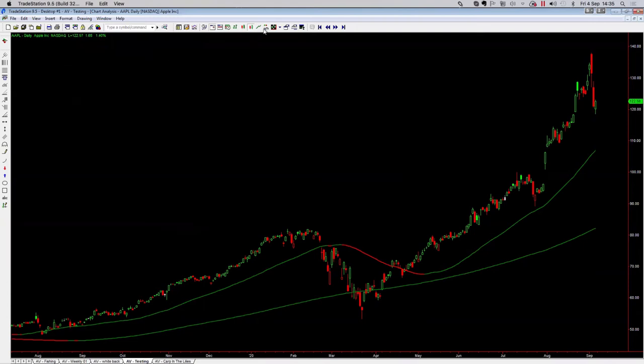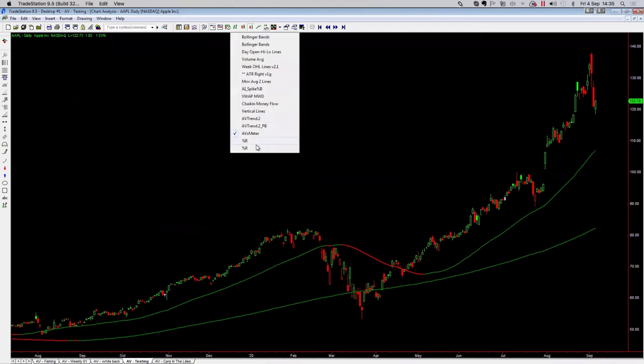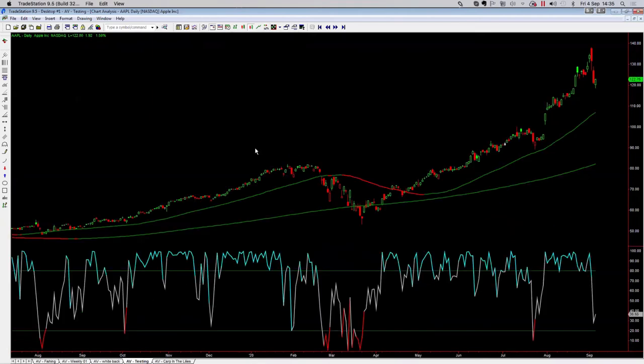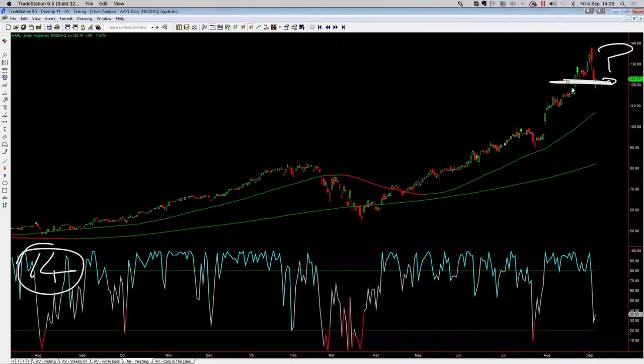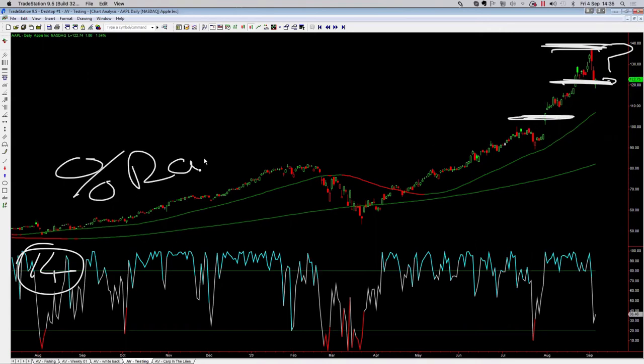So the classic interpretation of the indicator, and this is what it looks like. This is the default 14 period setting. And what it's showing us is where price is relative to its rolling range. That's what percentage R is telling me, the range.